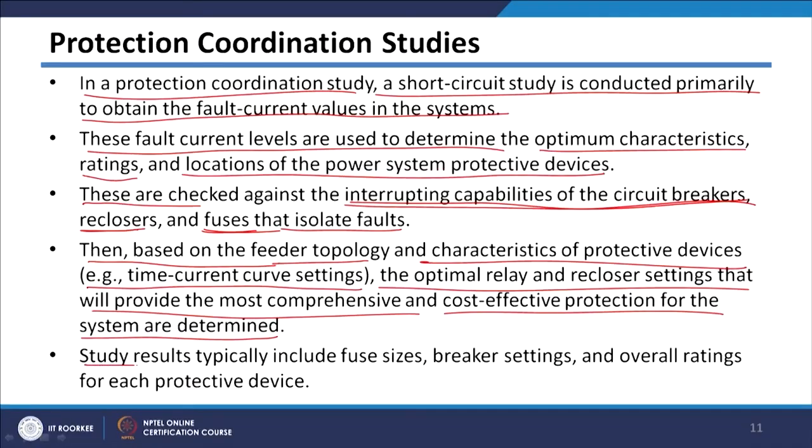The study results typically include fuse sizes, what size of fuse I need to put, breaker settings, what breaker setting needs to be done, and what will be the overall rating of each protective device. So, based on whatever fault current you have calculated, we can do these studies to get better protection of your distribution system.